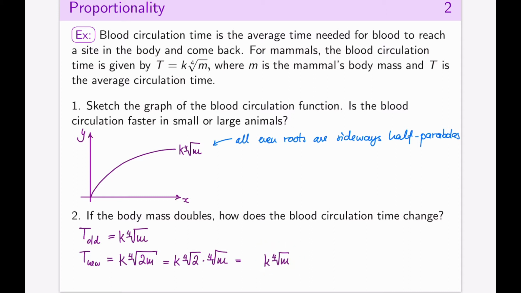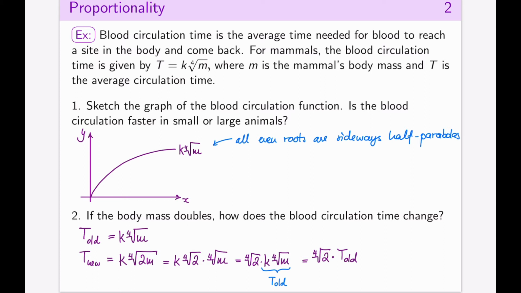And my other multiple here was the fourth root of 2. So this can come out as a coefficient in the beginning. And what I see now is that this portion is exactly my old time for the blood circulation. So this part corresponds to T old. And so overall, what I have now is the fourth root of 2 times T old.